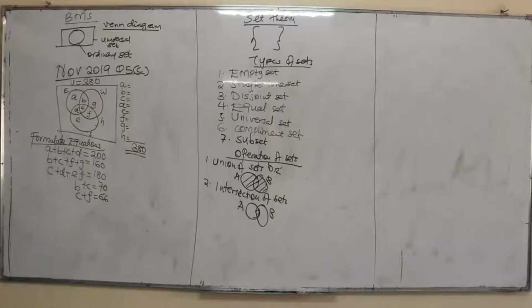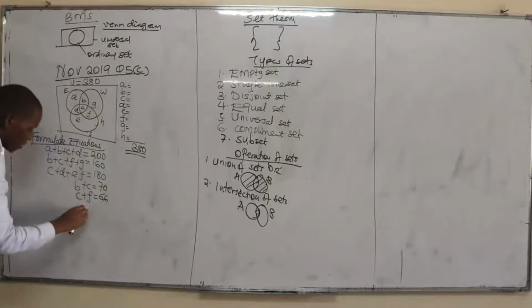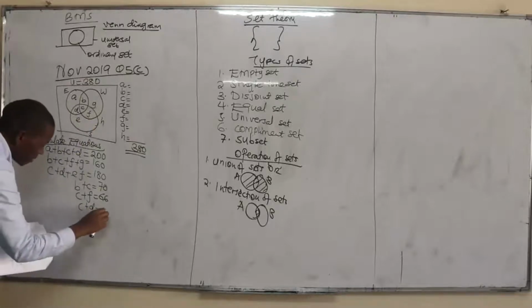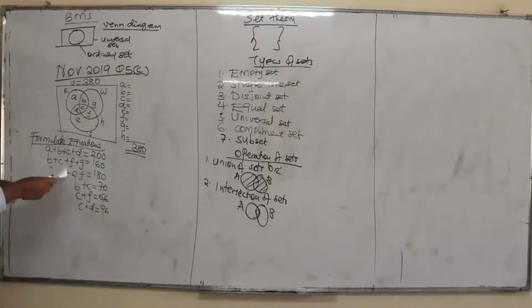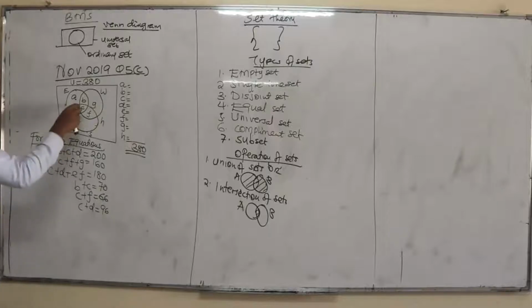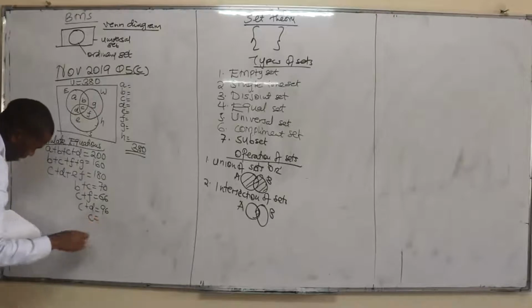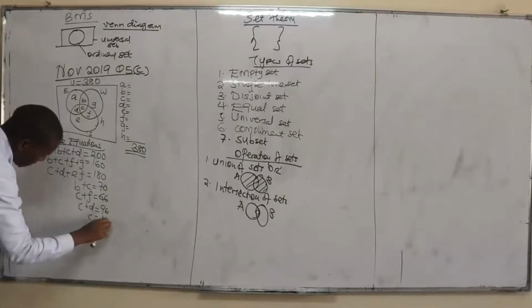Also, 96 represented both the Eastern and Southern regions, which is C and D: 96. Then the 15 athletes represented all the three regions. Those in all the circles is only C, which is 15.